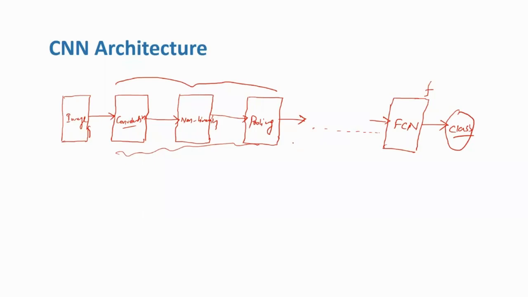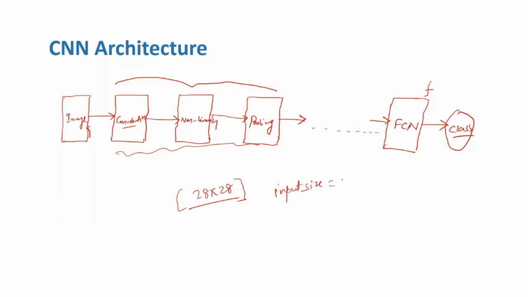Now if you are passing some grayscale image, the images will have a size of say 28 cross 28. This image input layer will ask you for the input size. What is the input size or input shape of the image?